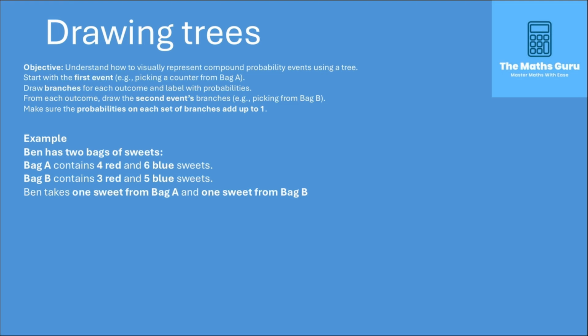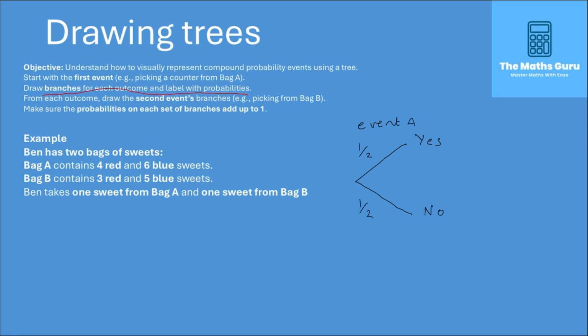To start with the first event, we have to pick, for example, a counter out of bag A. We need to draw branches for each outcome and label with probabilities. So this is going to look something like, say we have event A, and let's say we have two outcomes, yes or no. We then have a probability, so we say 1/2, 1/2.